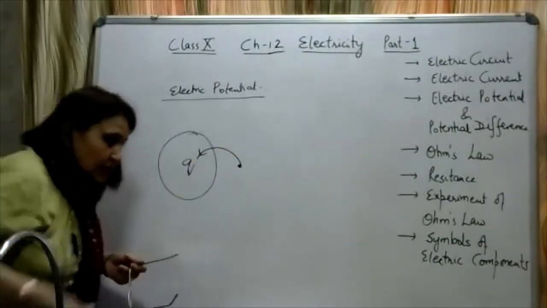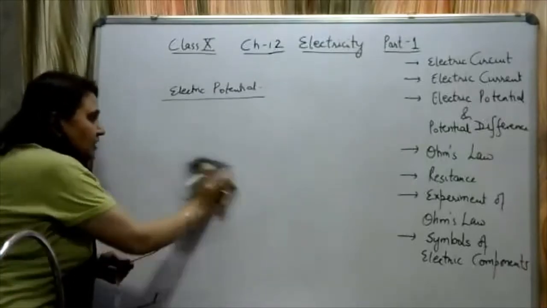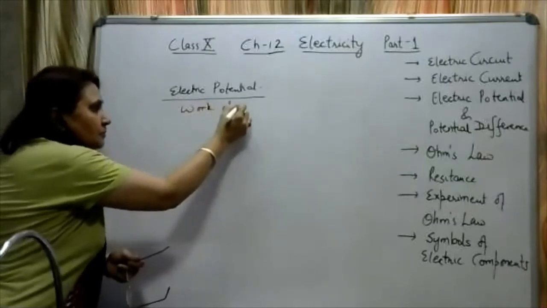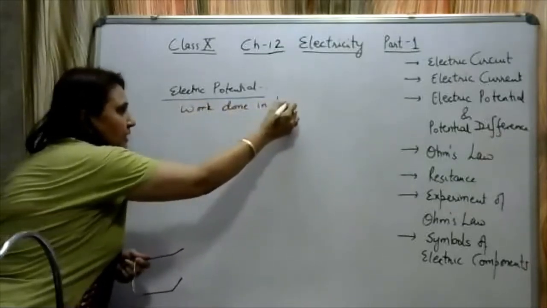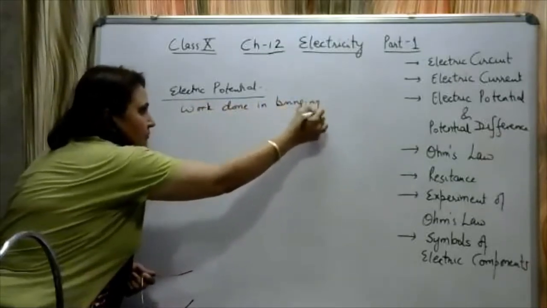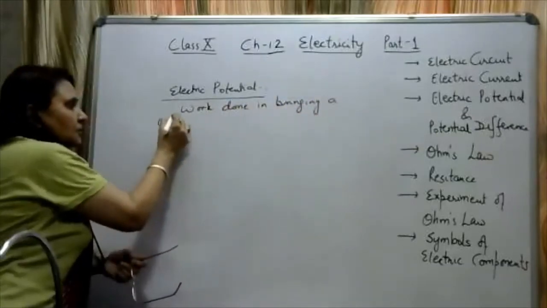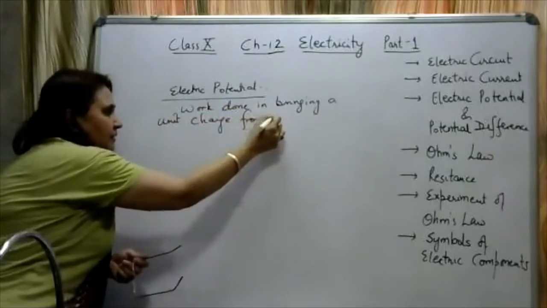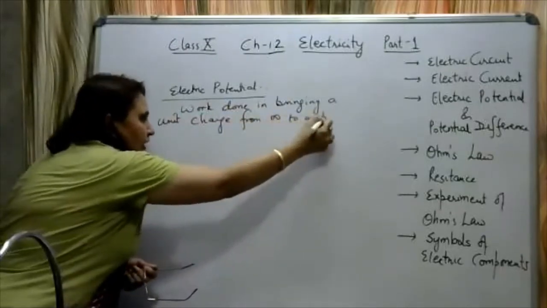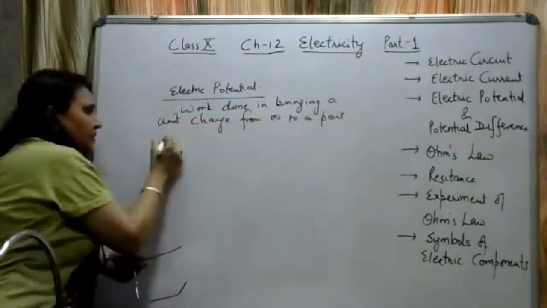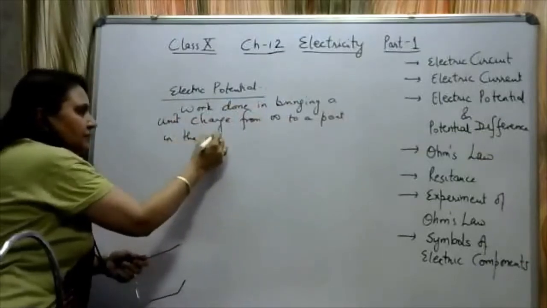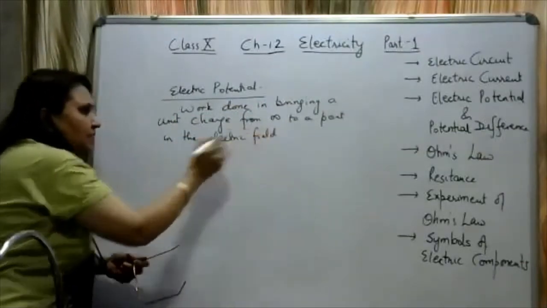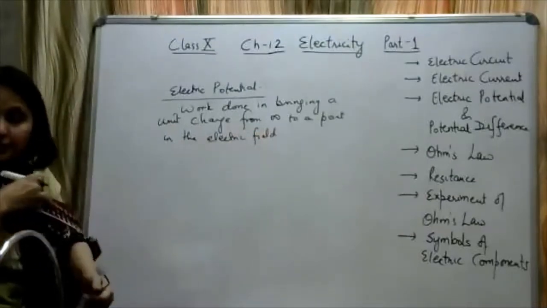So here we can define electric potential as the work done in bringing a unit charge from infinity to a point in the electric field. This we call the electric potential.